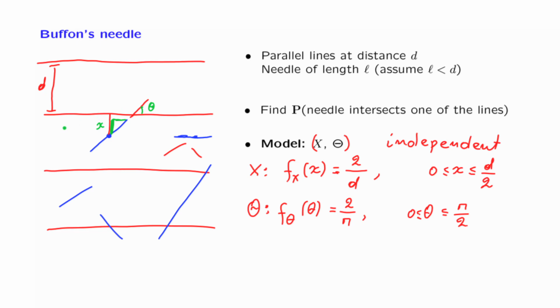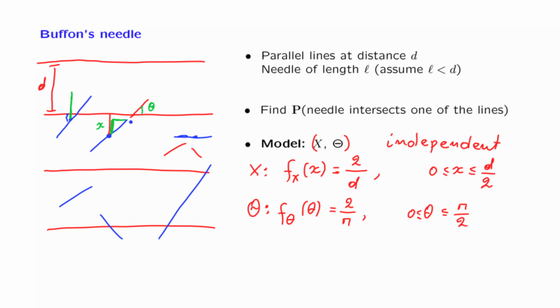If the figure was something like this, the vertical extent of the needle would have been that, but x would have been just this little segment. The vertical extent is bigger than x, and the needle intersects the line.